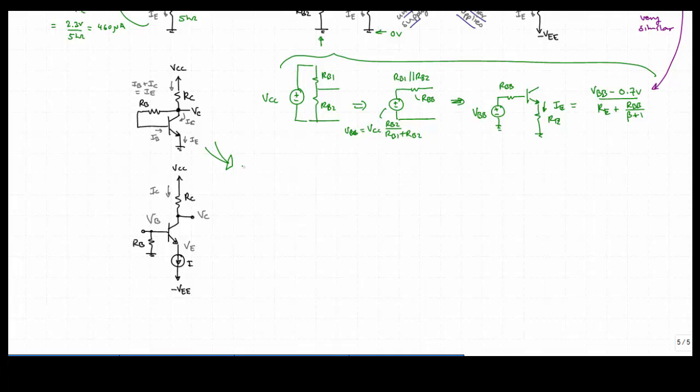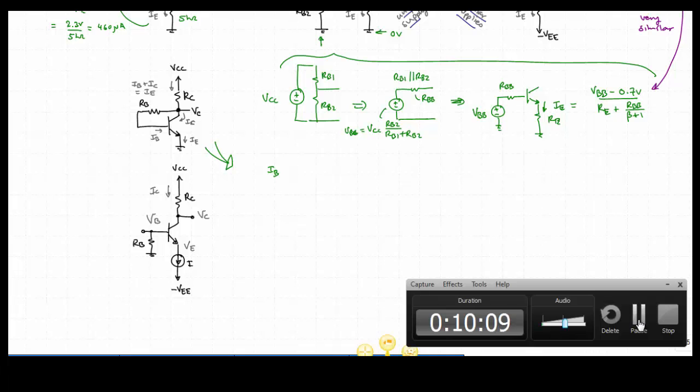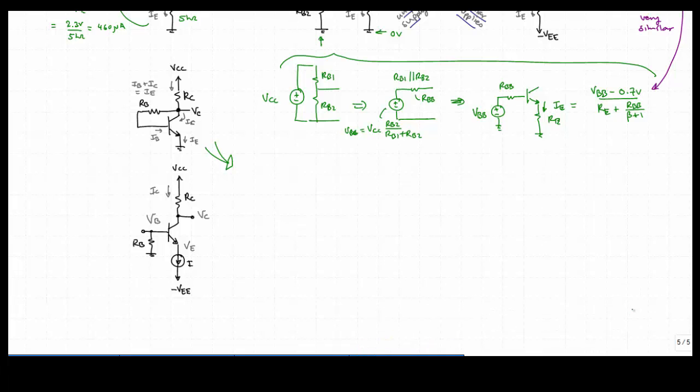We have the base current. The first thing to notice is that the current through the RC is actually not the collector current.